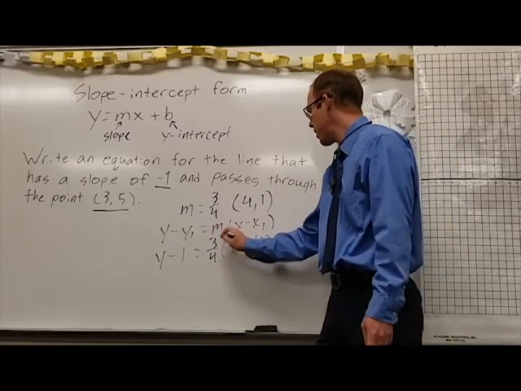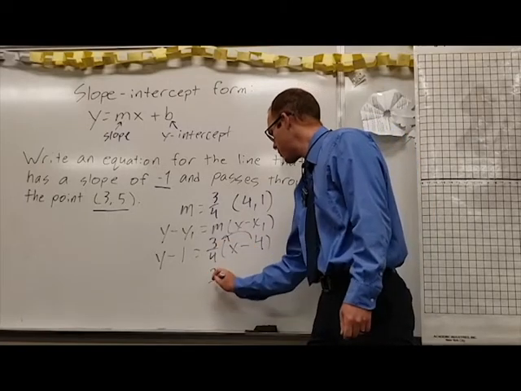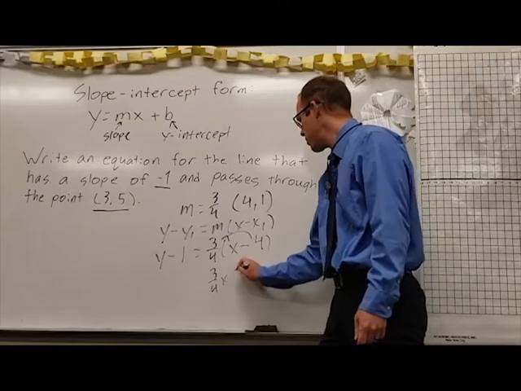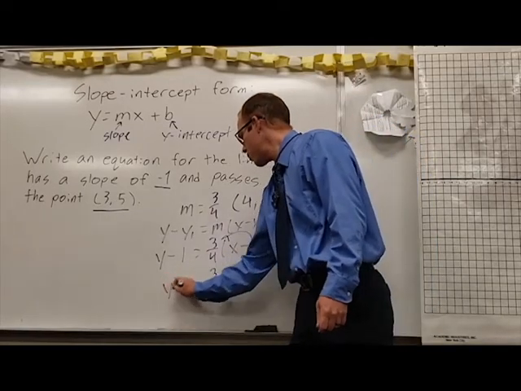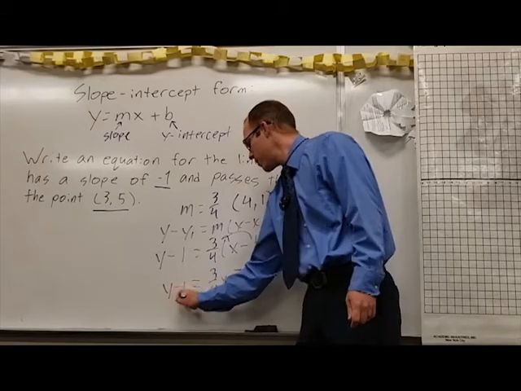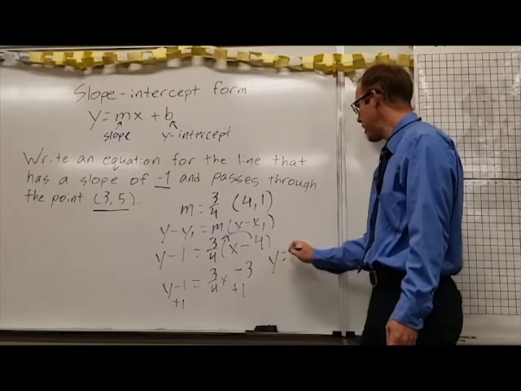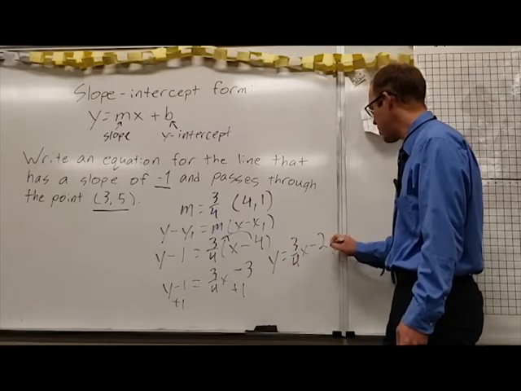Again, let's put that into slope-intercept form. So 3/4 times x is just 3/4 x. 3/4 times 4 is 3, and with the negative, -3. We still have a y minus 1 over here. Let's add the 1 to both sides to finish this out, and we get y equals 3/4 x minus 2.